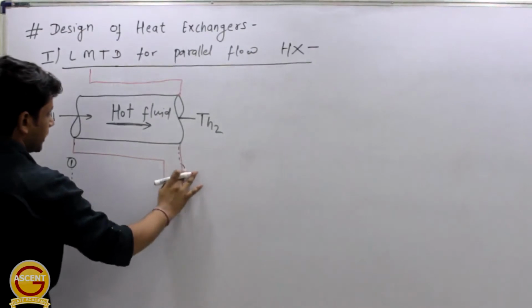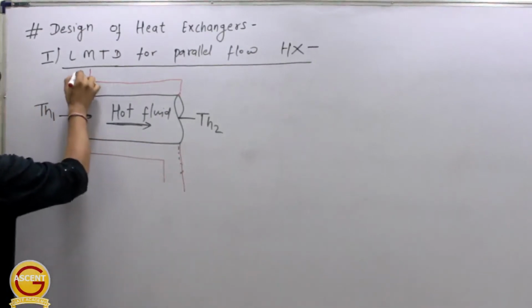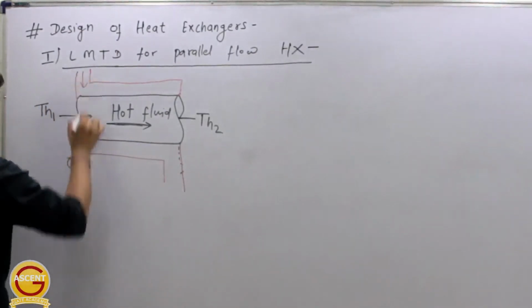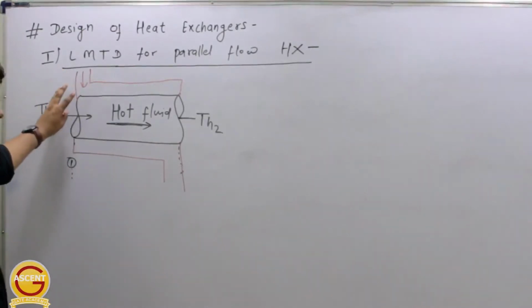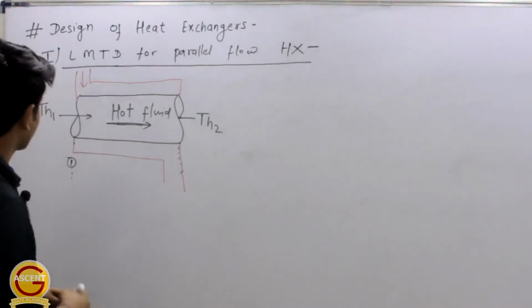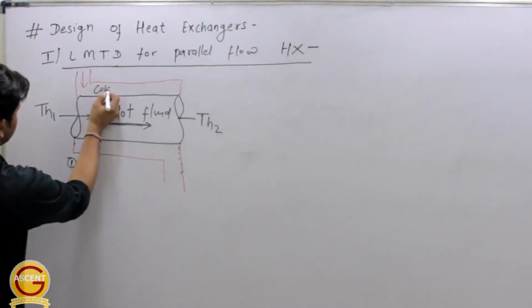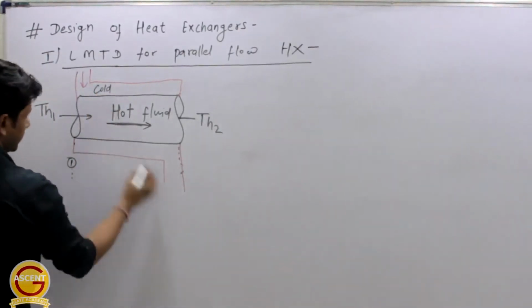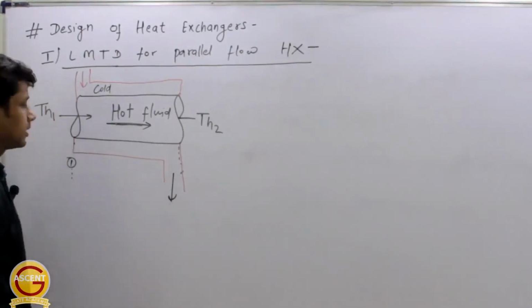And for this pipe, this is our inlet. So from here this cold fluid is entering, right? So this is for cold fluid. And from here it is exiting, right?